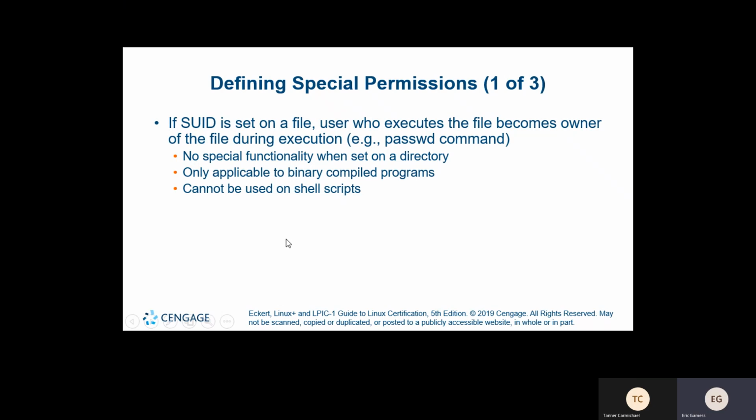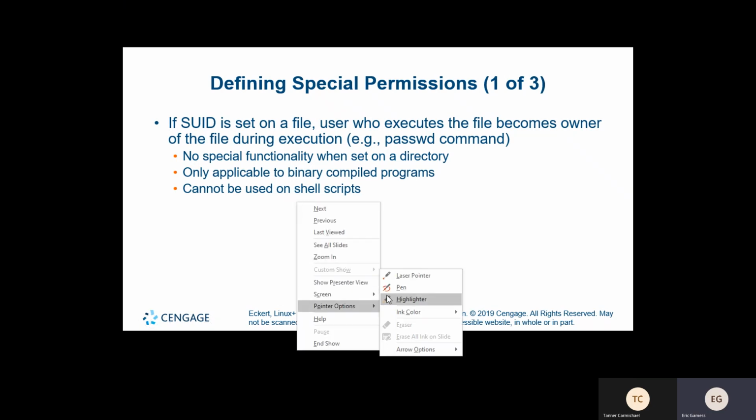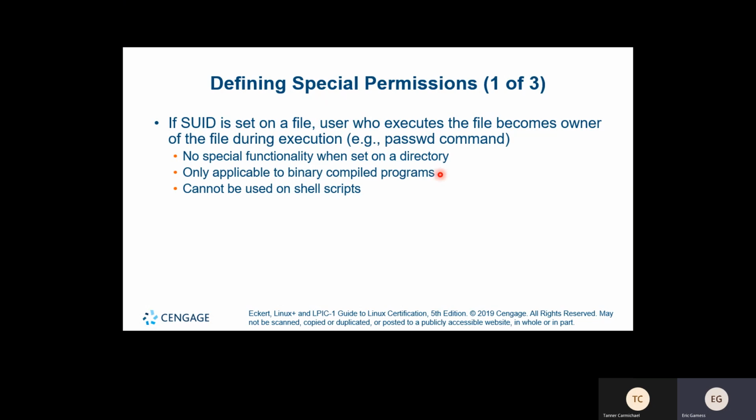So here it says it cannot be used on shell scripts. It can only be used on binary executables. And what it will do, it will change the user that is executing the file.